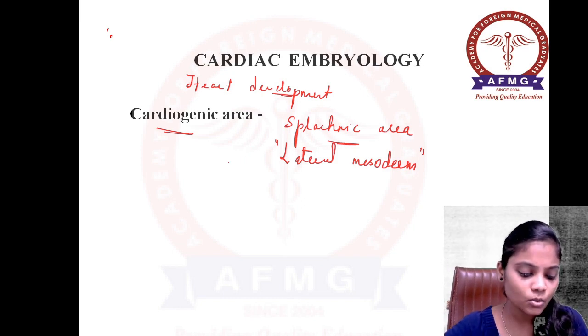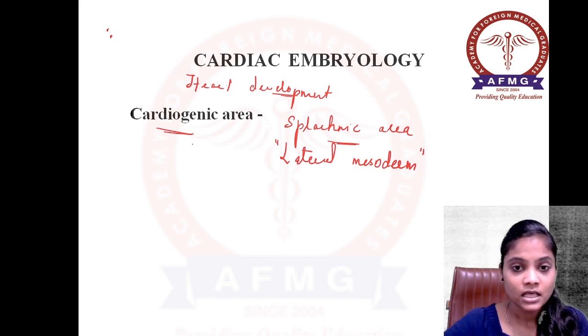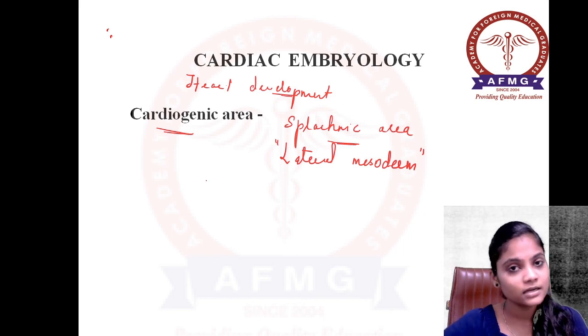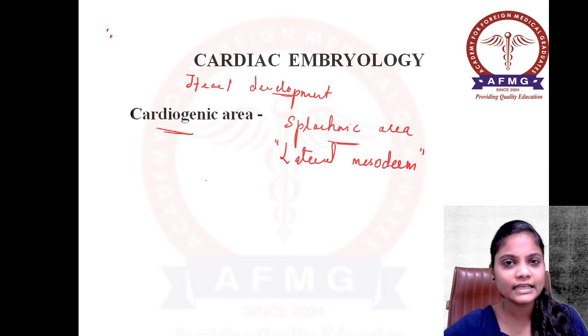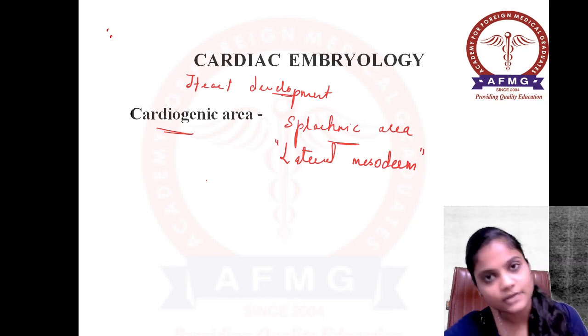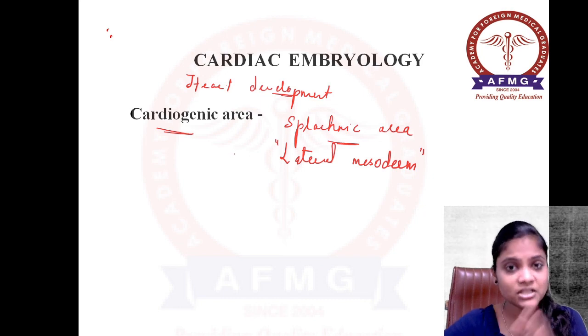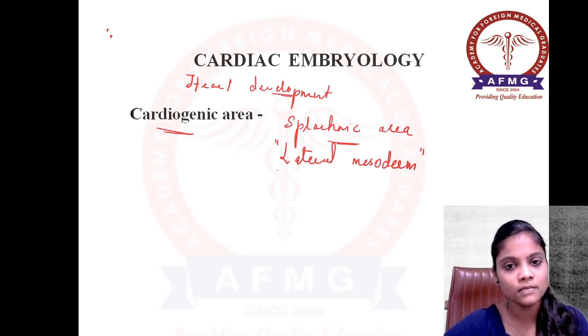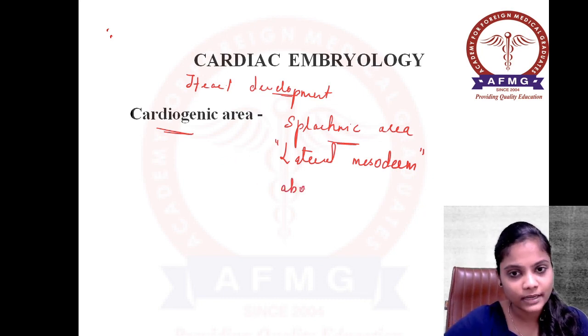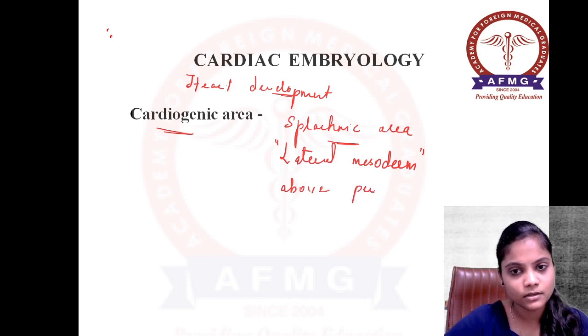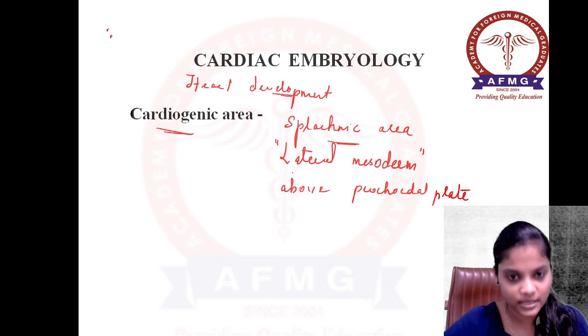In this, what you at least want to know is that the fusion of the cardiac part is important, and what dilatations are present in the cardiac part is also important. So that is what we are going to see. In the splanchnic area of the lateral mesoderm, above the procordal plate, that is where they are present. This is the place where the exact cardiogenic area is located.